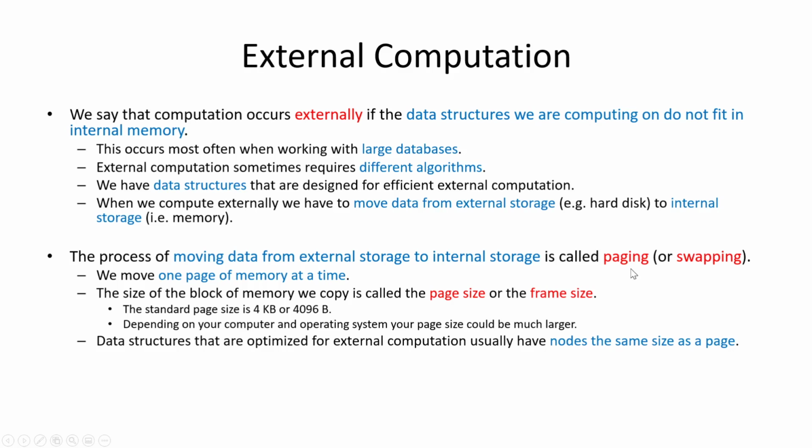The chunk of memory that we copy over is usually called a page. Actually, it has a couple different names, but a page is usually what we use to call the chunk that we're copying over. And we often say we're copying it into a frame, a memory frame, which is where it's being stored.